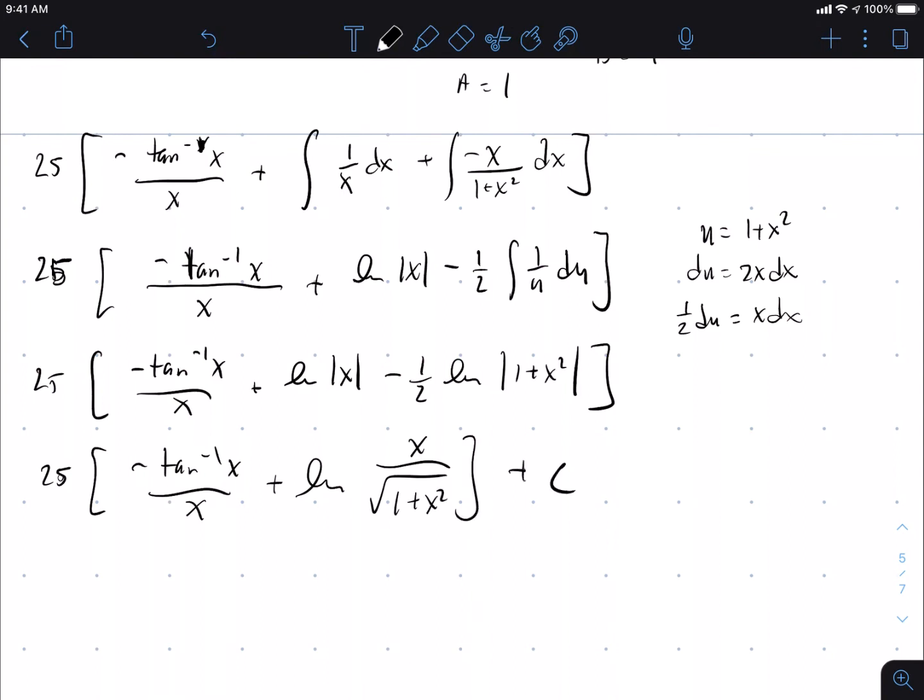And really, I should have my plus c here because these are all indefinite. And that will give us our problem. We also could have done this as a trig sub, but I think it's straightforward to just do it this way by partial fraction decomposition. But that's the answer.